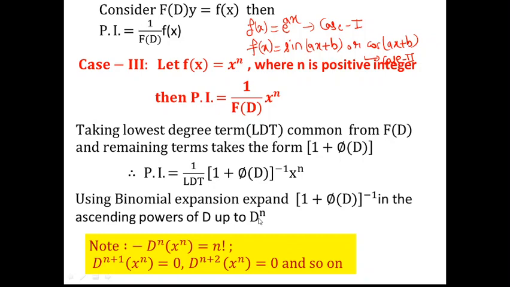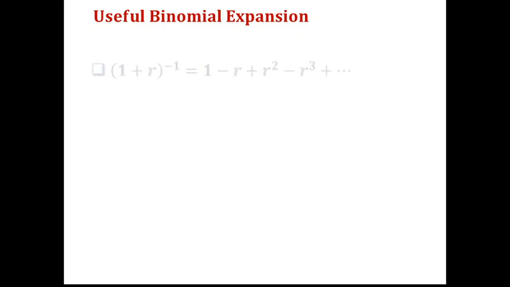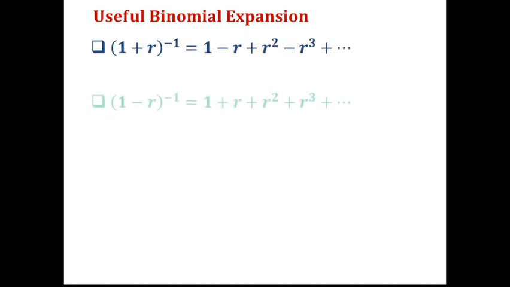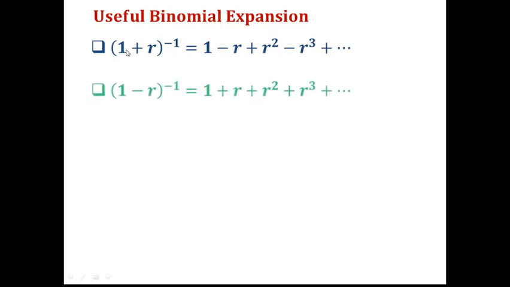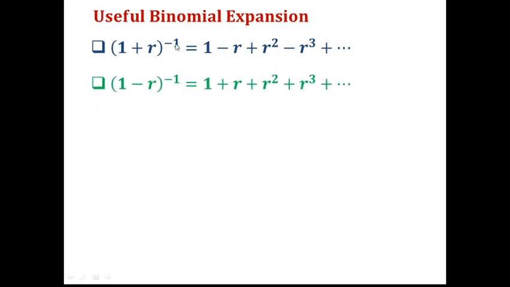So let's see how to solve an example using this case, how this method operates. Before this, we will frequently use some standard binomial expansions, which are: 1 plus r raised to minus 1 is nothing but 1 minus r plus r square minus r cube and so on. An infinite number of terms will be there in this expansion.